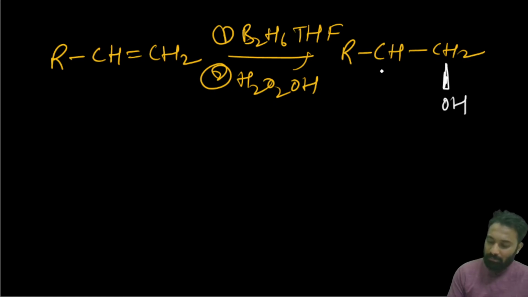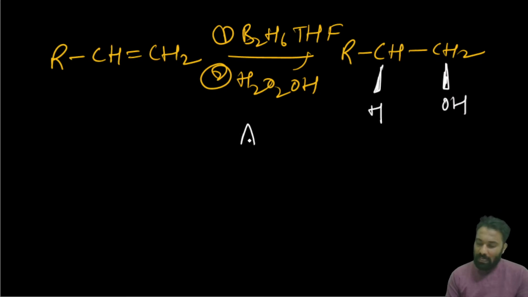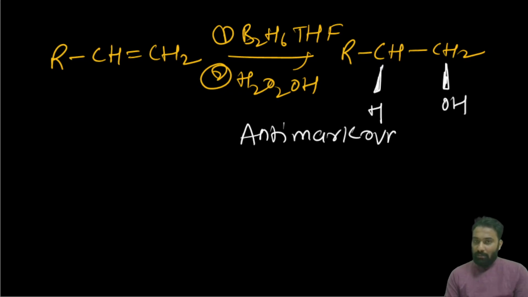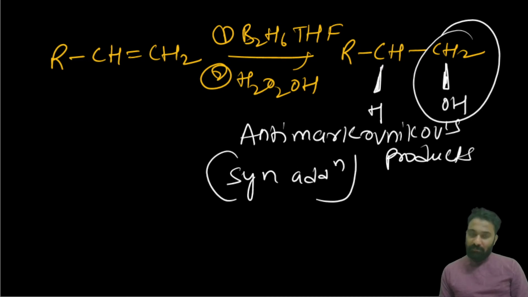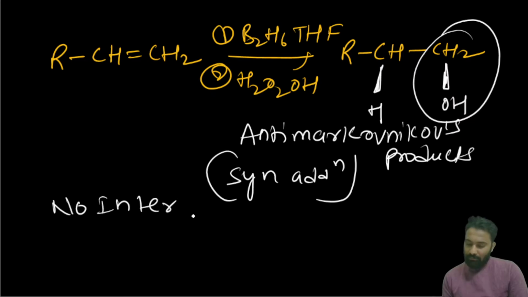At the primary carbon in the form of syn, and it will follow the Anti-Markovnikov product, because one number of carbon, if it is giving the OH, it will follow the Anti-Markovnikov and syn addition. Syn addition, this is very very important. Here no intermediate.